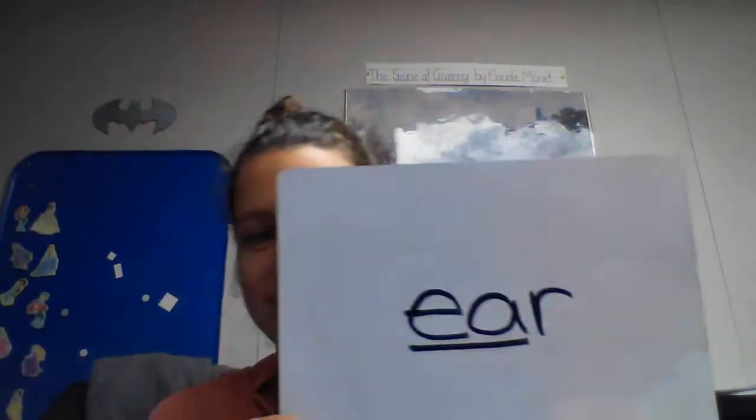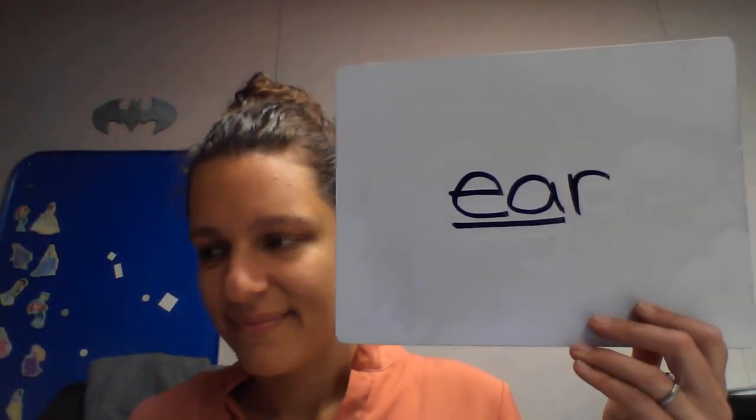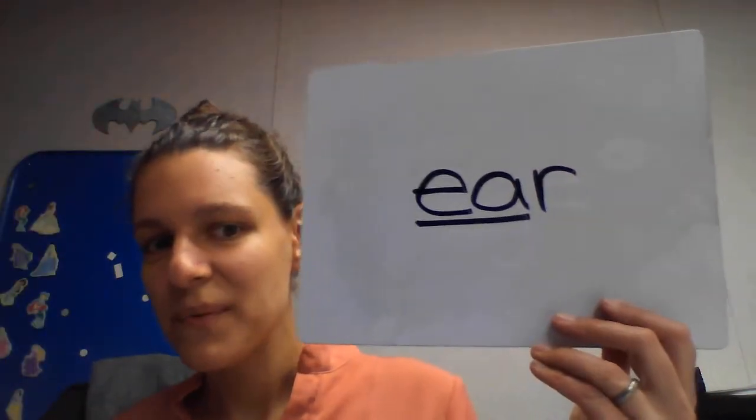The next word is ear. Which E do we use in ear? Excellent, E-A. Go ahead and write and mark ear. All right, I hope we've been getting these right.